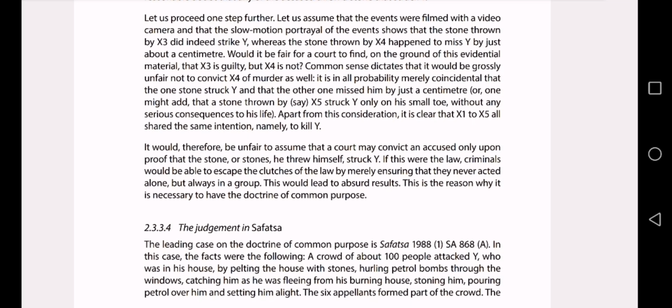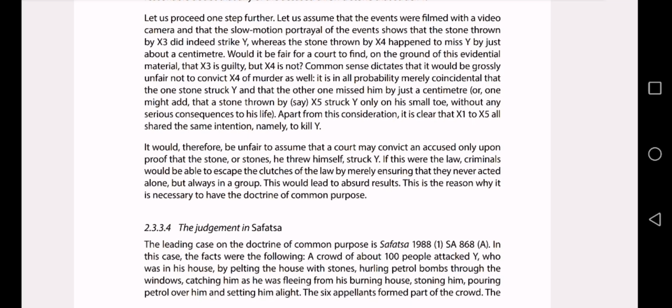Let us proceed one step further. Let us assume that the event was filmed with a video camera and that the slow motion portrayal of the events shows that the stone thrown by X3 did indeed strike Y, whereas the stone thrown by X4 happened to miss Y by just about a centimeter.